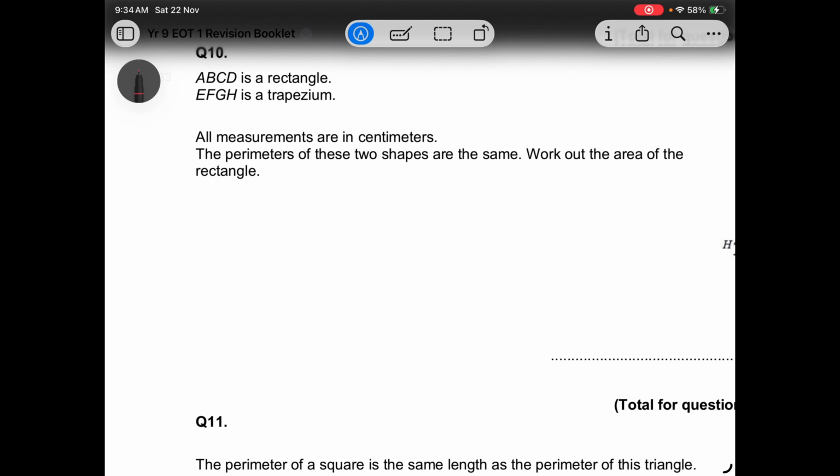Here, trapezium. All measurements are in centimeters. The perimeters of the two shapes are the same. Work out the area of the rectangle.